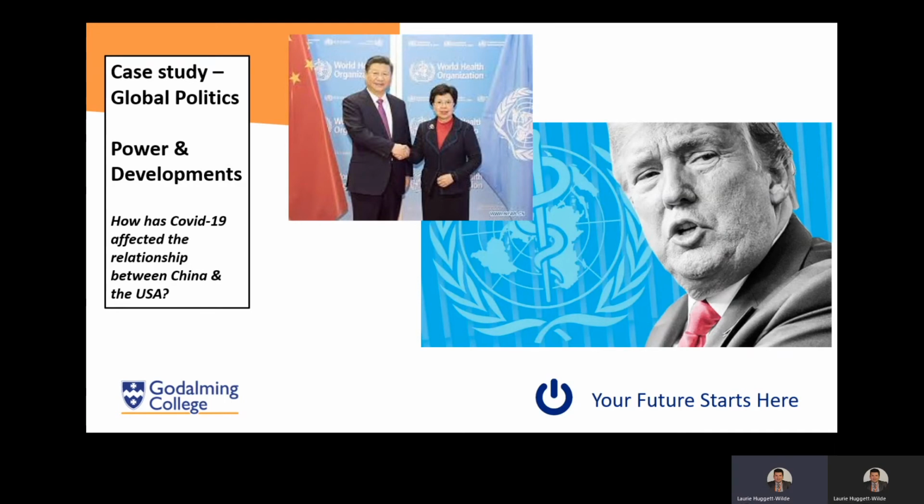This could be seen as an example of a wider trend, which is China starting to challenge America in these institutions, not only the World Health Organization, but institutions such as the United Nations. China is increasingly trying to wield its own influence on the international stage and to challenge America. And that's a big thing you look at when you look at global politics, is the extent to which China are doing that, and the extent to which they're trying to supplant America in international relations.